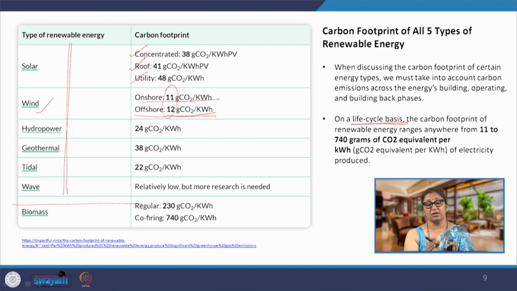And if the numbers are to be believed, if we are looking at hydrogen, where other sources come to approximately 20 to 50 kilograms of carbon dioxide equivalent, hydrogen would probably give us only 1 to 2 kilograms of CO2 equivalent emissions per gigawatt hour.